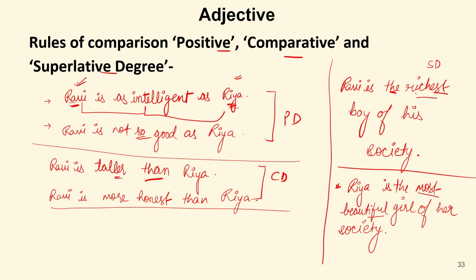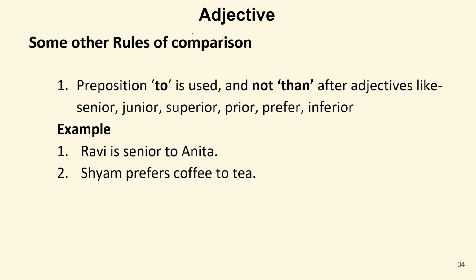Now, there are some important rules of comparison. Some other rules of comparison. What are these? Whenever we have some words like senior, junior, superior, prior, prefer, inferior, anterior, posterior, all these words, they are always followed by a preposition to.